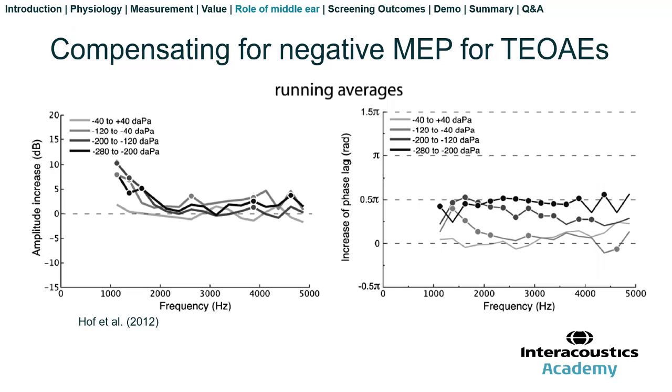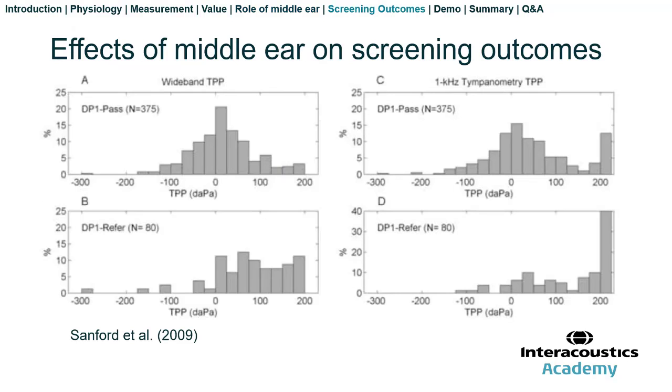So now I'd like to switch gears onto the effects on screening outcomes. There was a study by Sanford et al. from Boys Town in 2009 that investigated how screening outcomes via distortion product emissions related to the efficiency of sound conduction through the conductive pathway, or in other words, the middle ear.